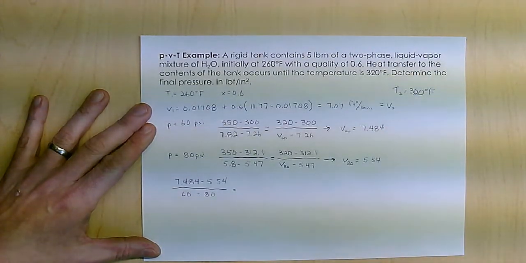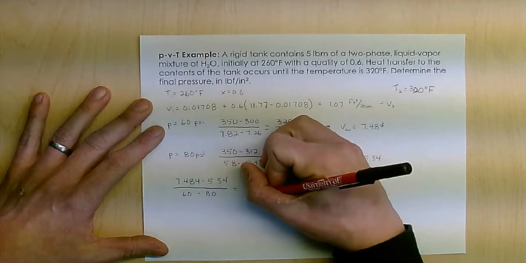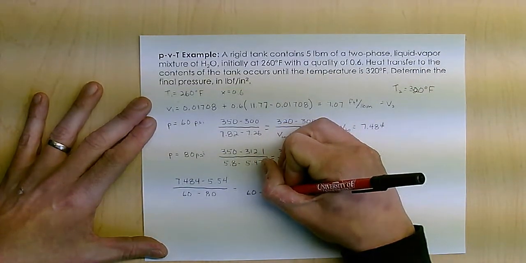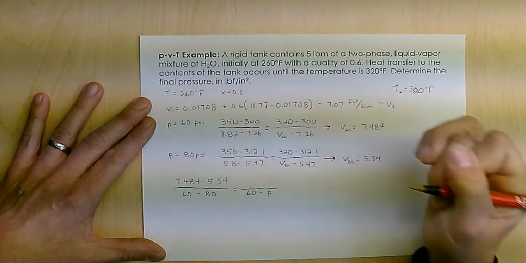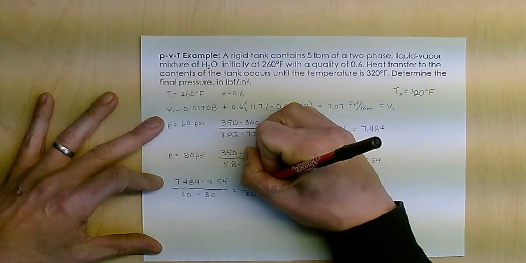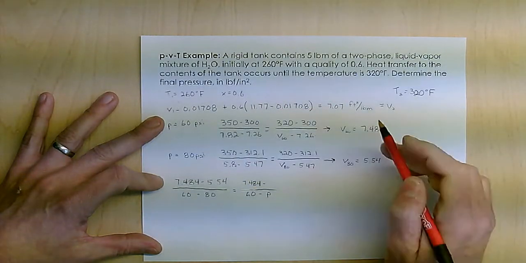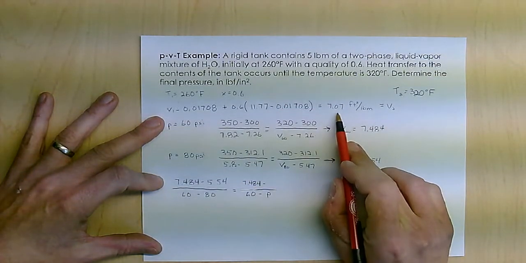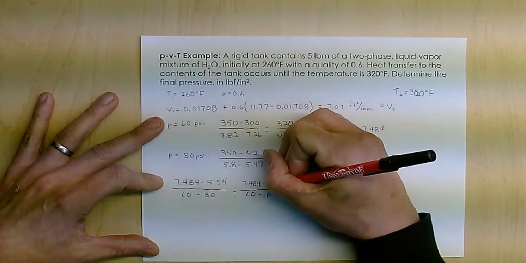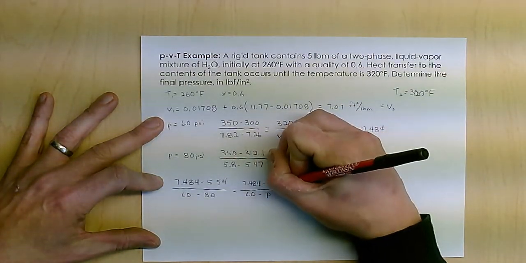Then I find my actual pressure, which will be, again, I'll just do 60 minus the pressure that I'm looking for here. And then that'll be 7.484 minus my actual volume that I'm looking for, because again I'm looking for the pressure at this volume and this temperature. So I put in 7.07.